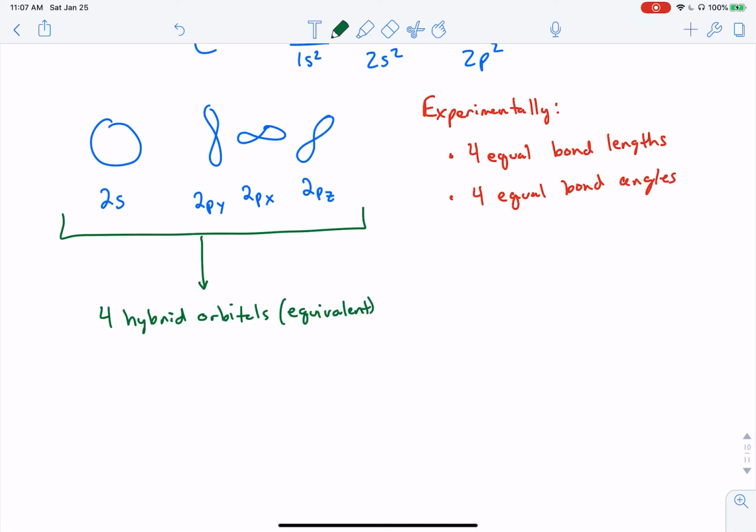So that's what scientists proposed based on their experimental data. And a hybrid orbital is essentially the mixing of atomic orbitals in an atom.